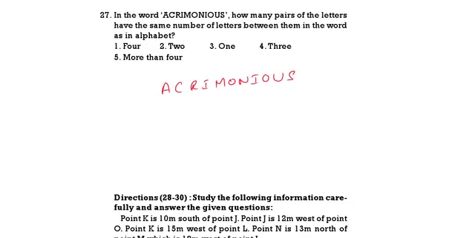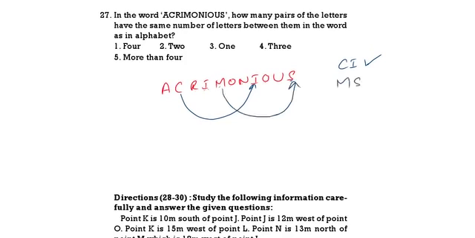C, D, E, F, G, H, I. So C, I is one pair. Then R, S, T, U, V, W, X, Y, Z. That is not there. I, J, K, L, M, N, O, P. Then M, N, O, P, Q, R, S. M, S. That is the second one.